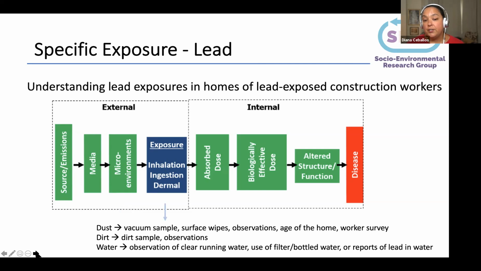For dirt, I usually take a sample or do observations outside of the home. And then for water, I'm not collecting actual samples because I don't have the capability or the resources to do sample analysis of the water. But I often do observations and ask the families to tell me if they've had reports of lead in water in the past.